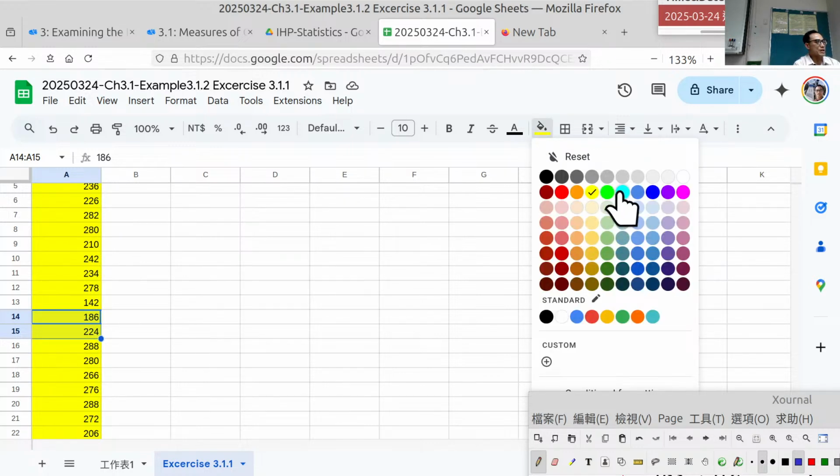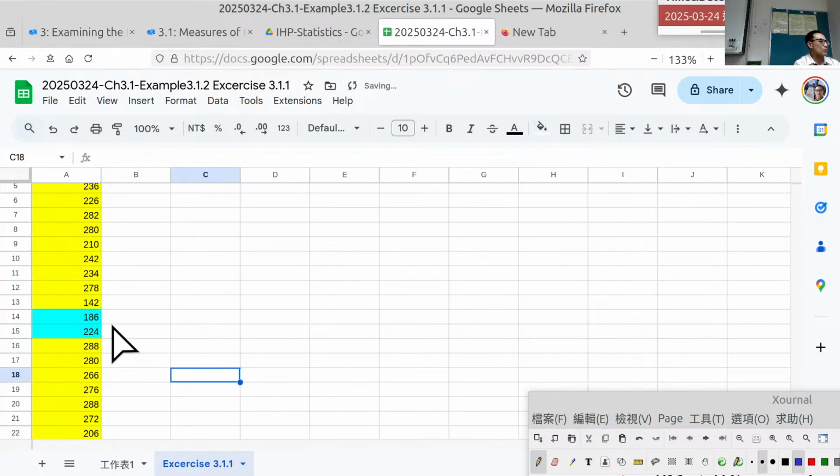What we need to do is just get the average of these two. We can calculate equals 186 plus 224, then over 2.